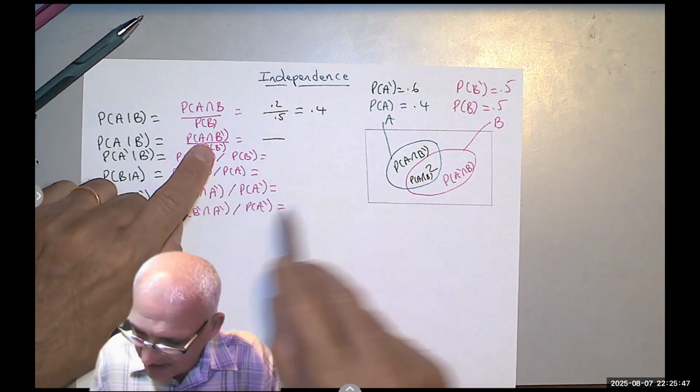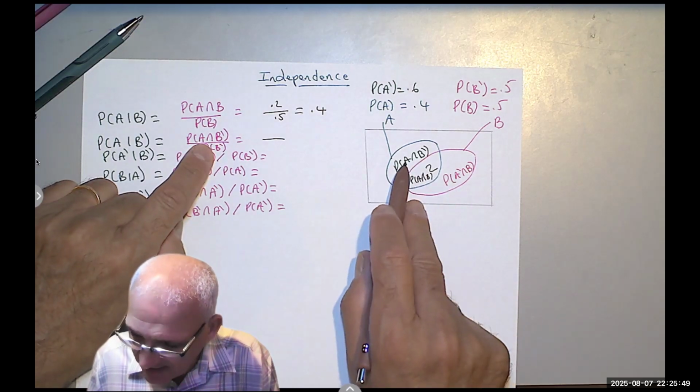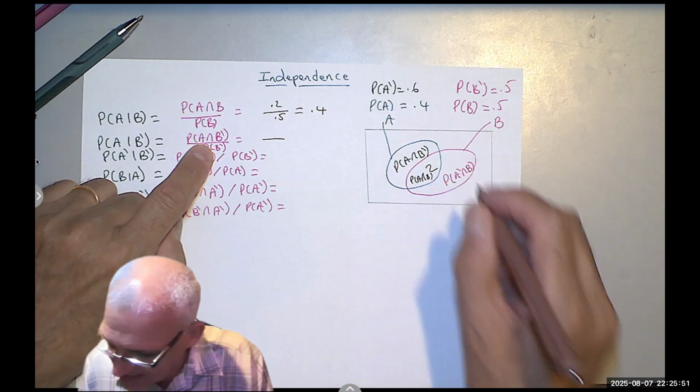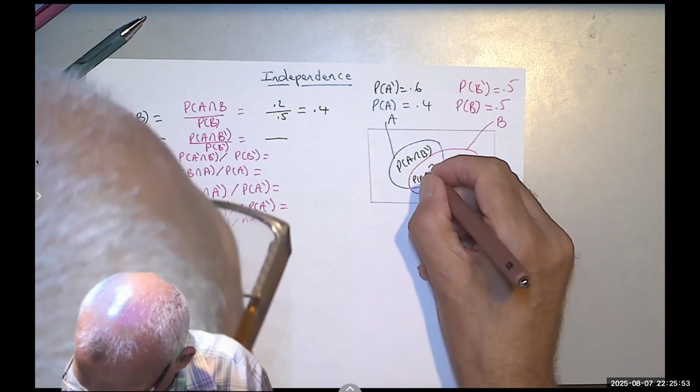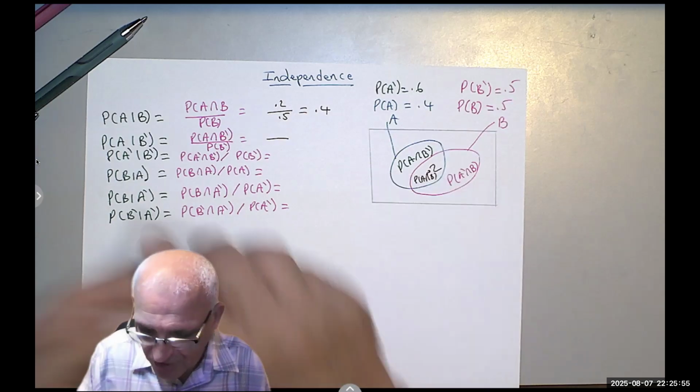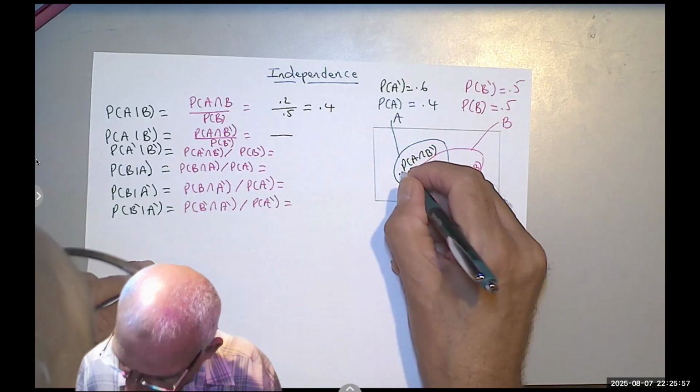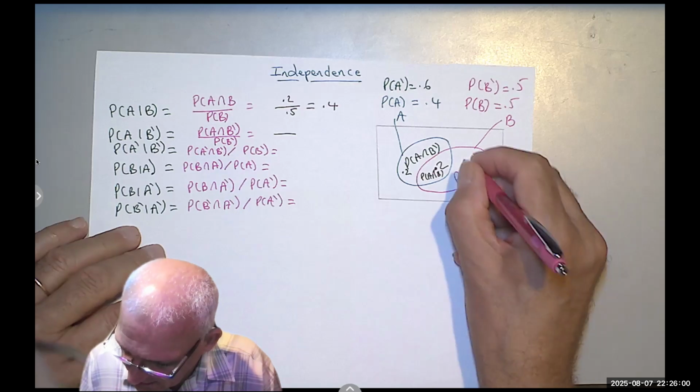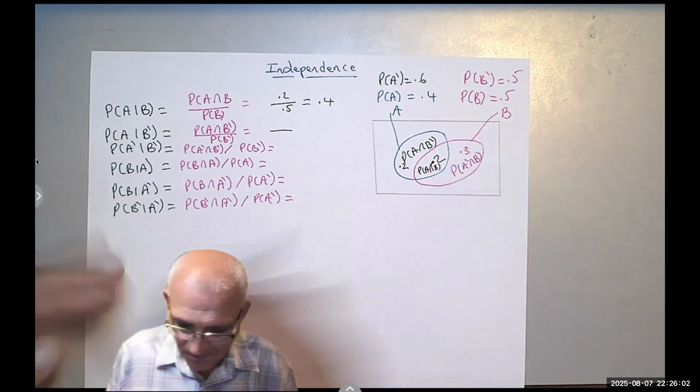So A and not B is this guy. So let's write them in numbers. We said this is 0.2, so this also is 0.2. And this is 0.3, right? If it's 0.5 altogether, so this is 0.3.